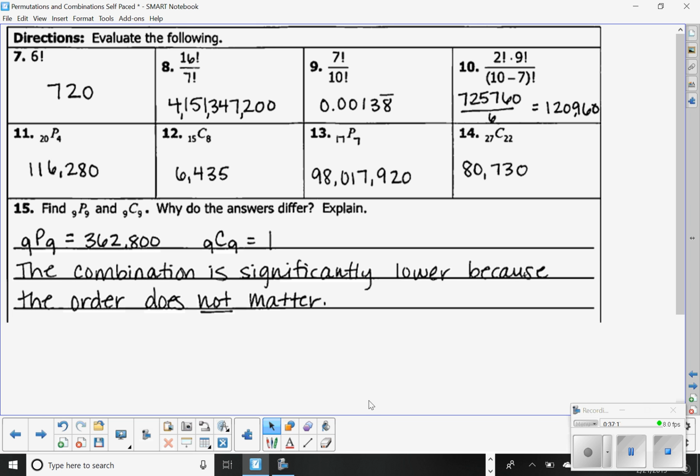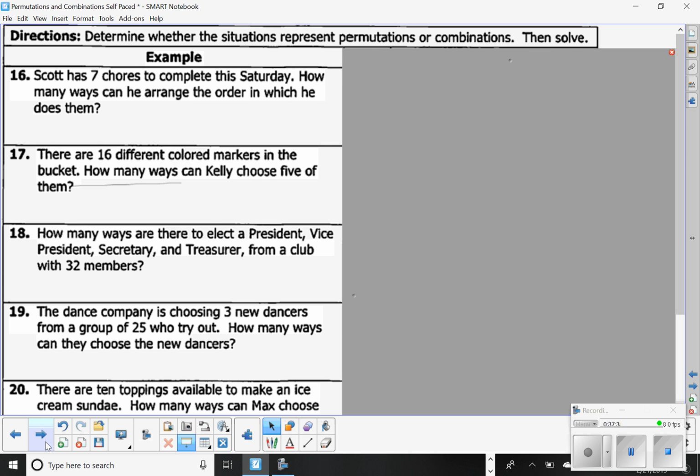So again, take a look at this. For all of these, you can use Desmos or the calculator. Now, in class on tests, you must use a calculator. On the SOL, you may use Desmos or the calculator. Again, pause the video if you need it. Here, we get to number 16.